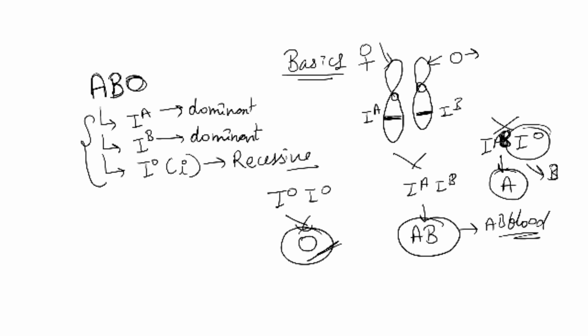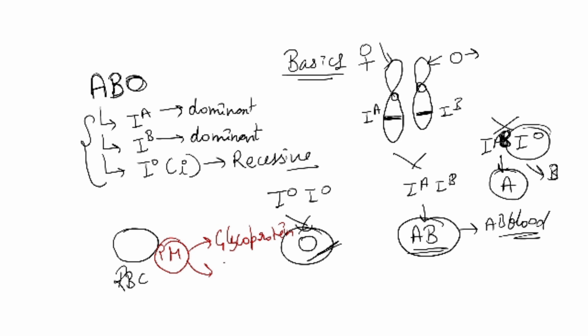Now what are those factors which decide these ABO blood groups? So we have to go into some basics. If we take an RBC, it consists of a plasma membrane. In the plasma membrane there could be either a glycoprotein or a glycolipid.